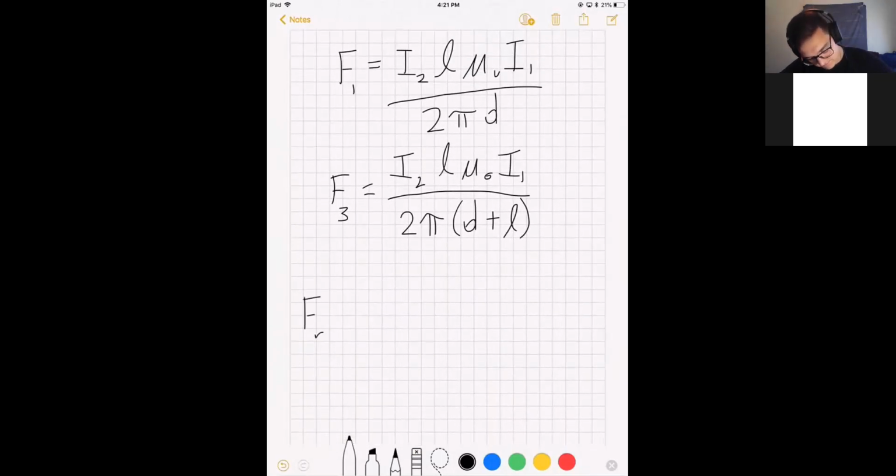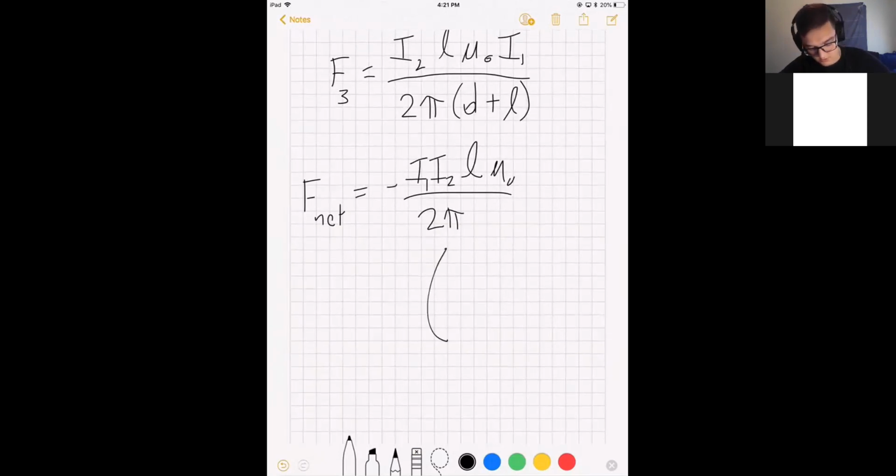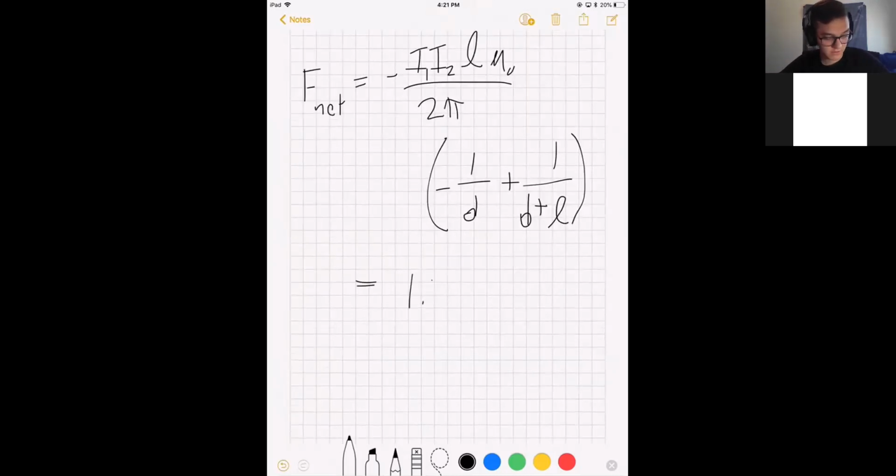So F net is equal to negative, pulling out all the common factors, I1 I2 L divided by 2 pi, and then we multiply this by 1 over D minus 1 over D plus L. When you plug those numbers into your calculator, you get 1.34 times 10 to the minus 6 newtons.